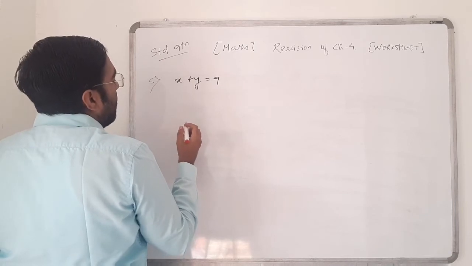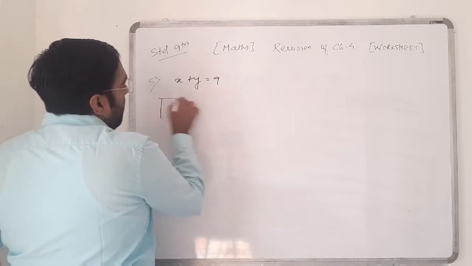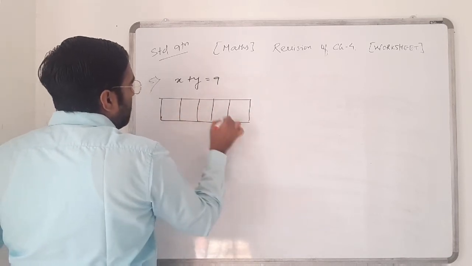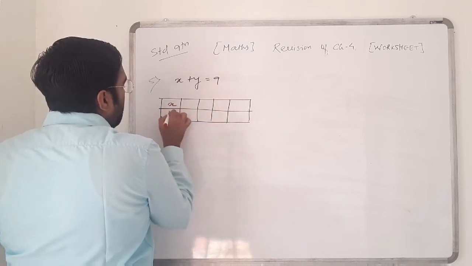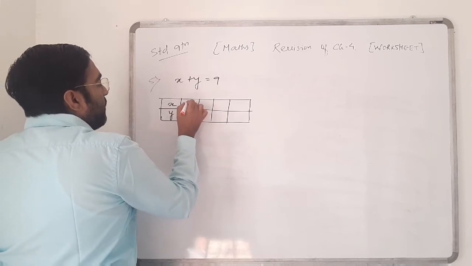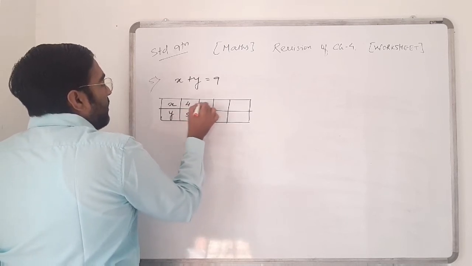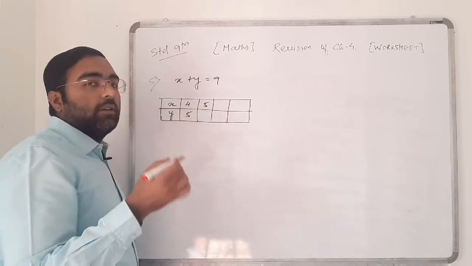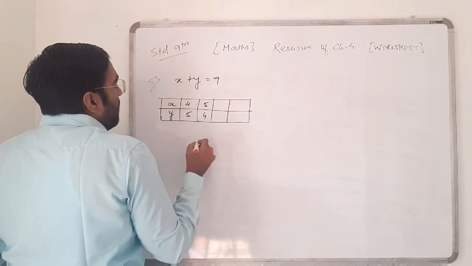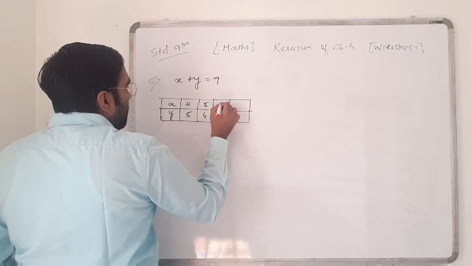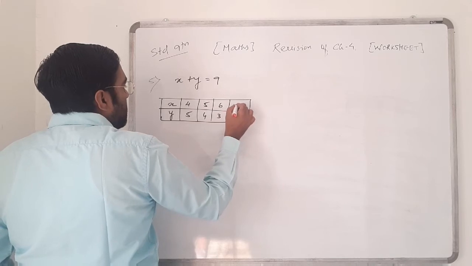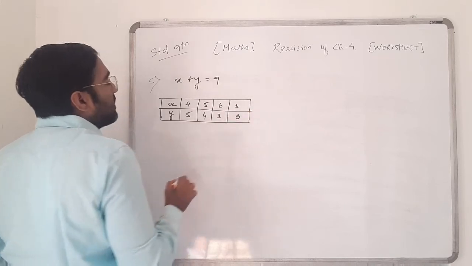So in x plus y equal to 9, the values that I'll take for x and y: if I take the value of x equal to 4, the value of y is 5. If I take x equal to 5, then y equal to 4. If I take x equal to 6, then y equal to 3, and if I take x equal to 3, then y equal to 6.